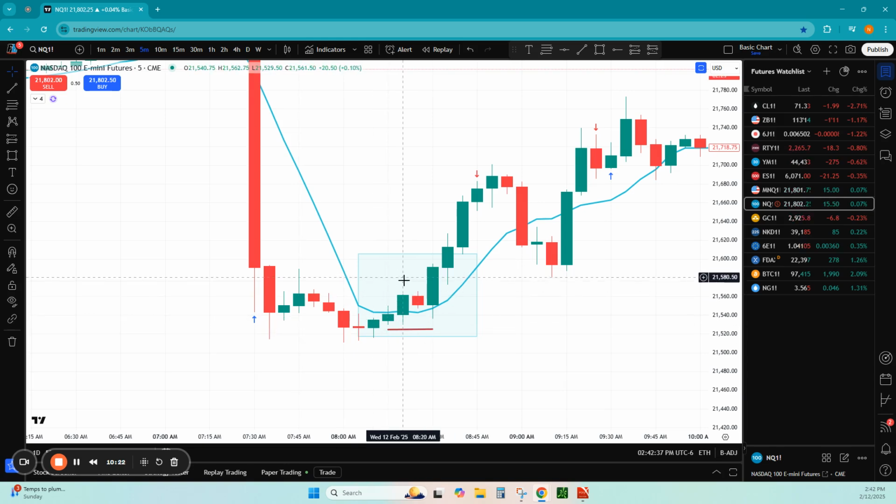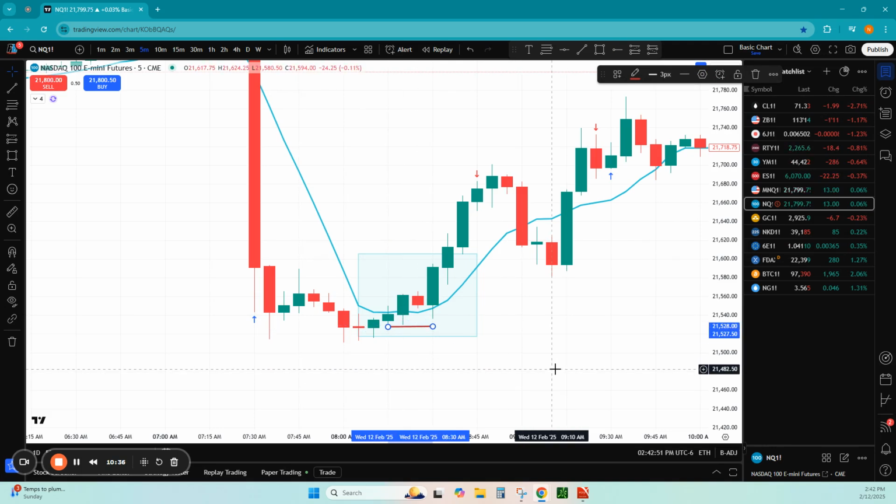So if we go long here when this candle closes at 561 and we put our stop at the low of this candle or just below the low at 529, it's a 40-point stop. On one mini contract, that's about $800 that we are risking.